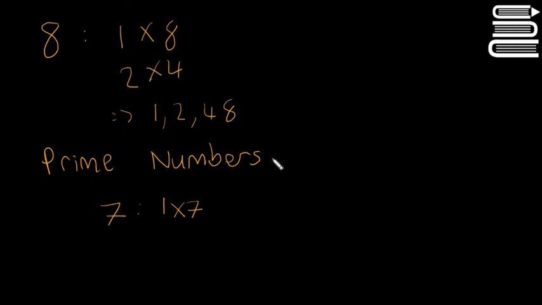I'll give just a quick list of the prime numbers, in a different colour: 2, 3, 5, 7, 11, 13, and so on. 1 isn't a prime number. That's all you need to know really about prime numbers.